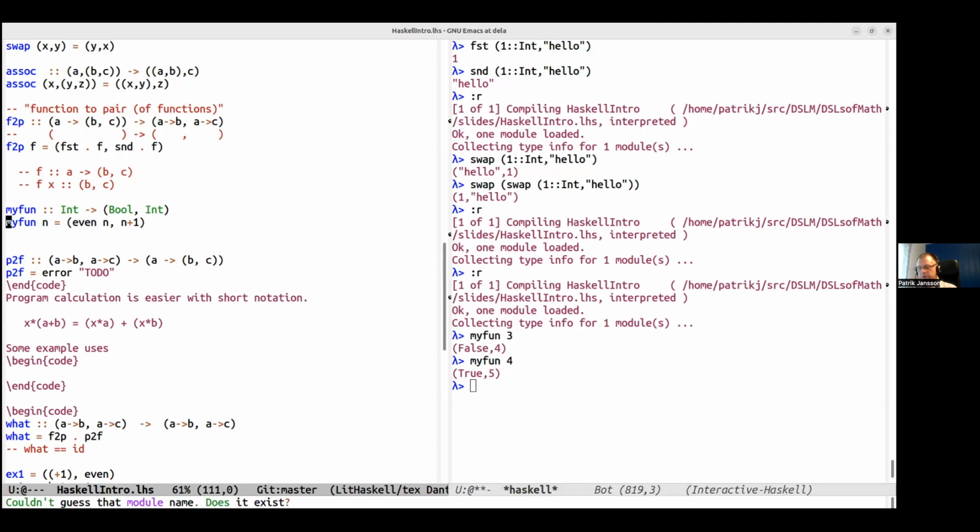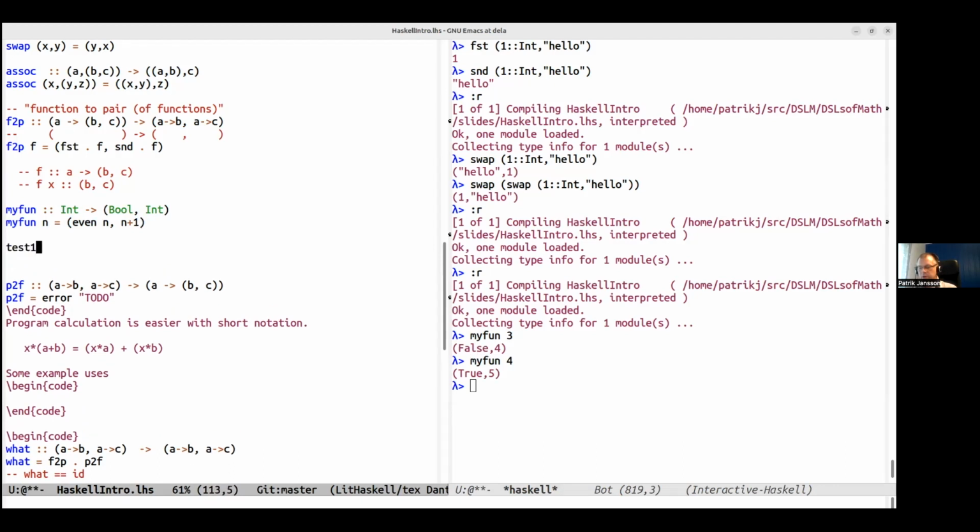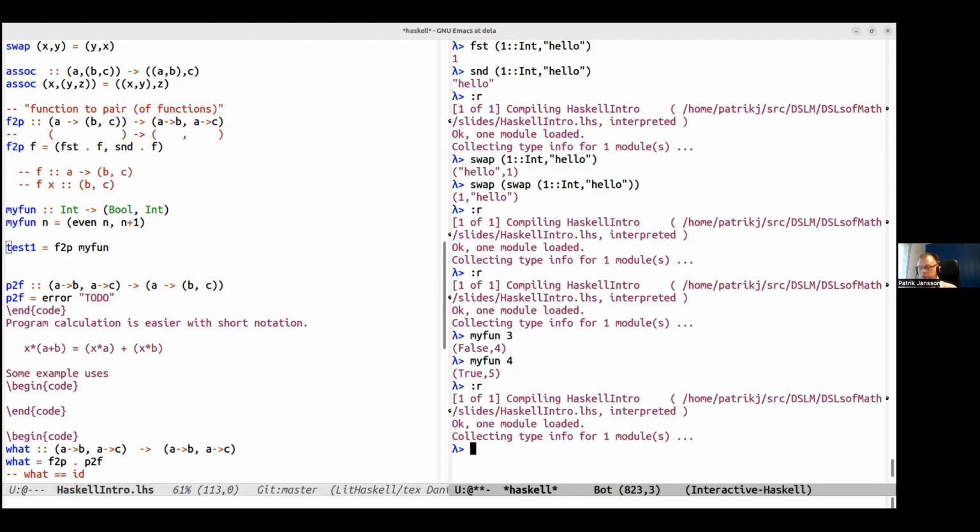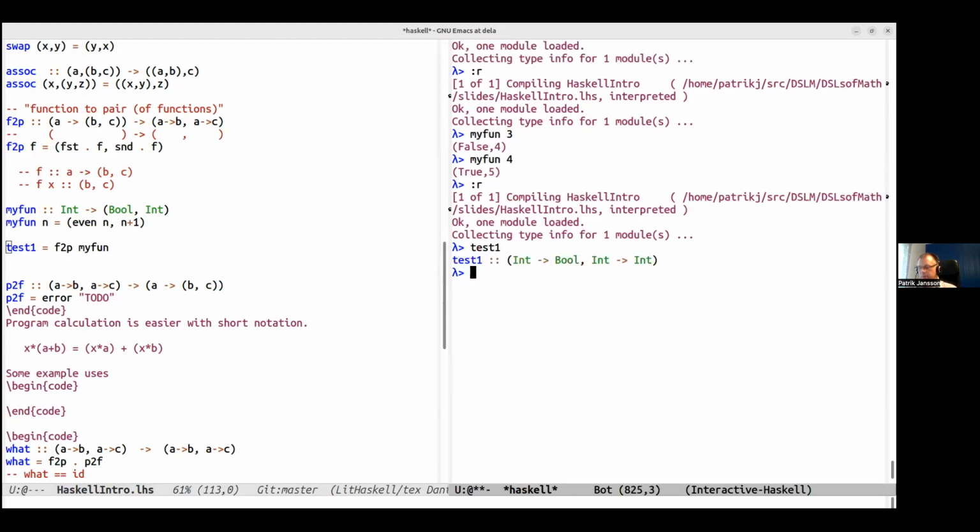So this is a function which can be used with f2p. So test1 equals f2p of myFun. What is now test1? Well, test1 is a pair of two functions, from int to bool and from int to int.